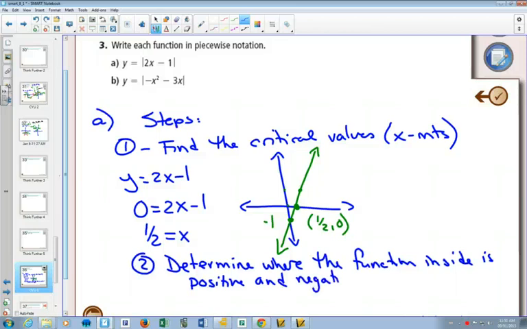And our little graph here already did step 2. We determine where our function is positive and where it's negative. I'm just going to add red dots to the parts that are negative.